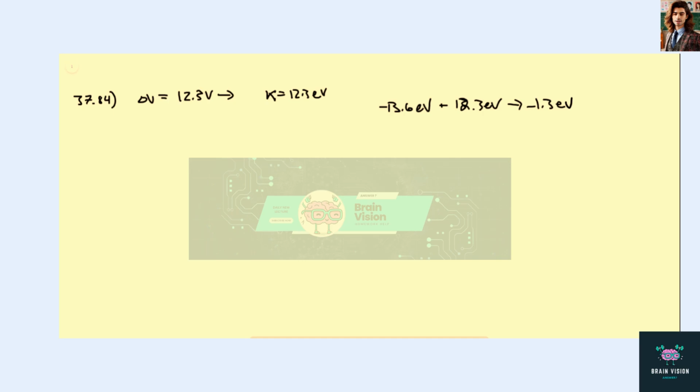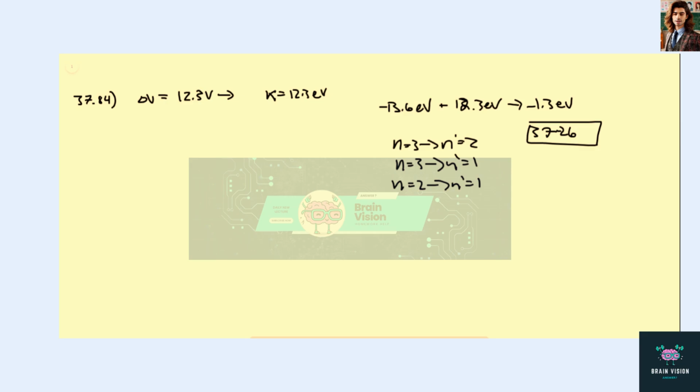So we can look at the hydrogen energy diagram, or figure 37.26. And we see that this means the atom could be excited to the n equals 3 state. So the possible transitions when the atom returns to the ground state are either n equals 3 to n prime equals 2, n equals 3 to n prime equals 1, or n equals 2 to n prime equals 1.